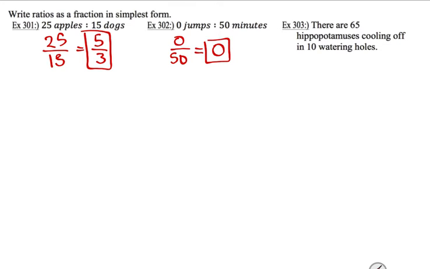There are 65 hippopotamuses cooling off in 10 watering holes. That's 65 to 10, which is, well, I can divide top and bottom by 5. That's 13 to 2. That's 13 hippopotamuses for every 2 watering holes. 105 compared to 42.